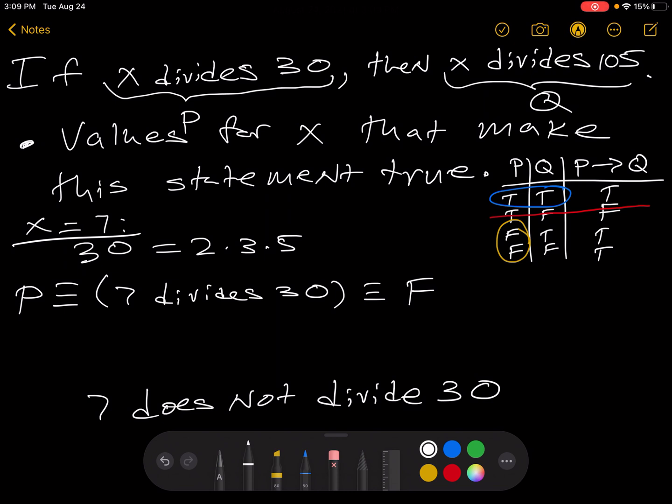And so P is false, so no matter what, we always get true. So x equals 7 is a value for x that makes the statement true. Remember, if you have false for the statement P, then the overall statement is true because you void the contract.